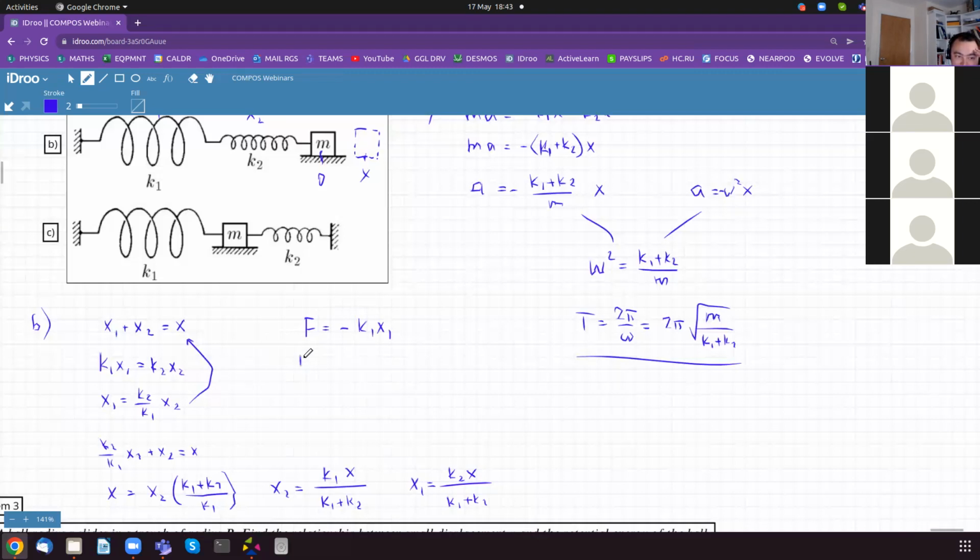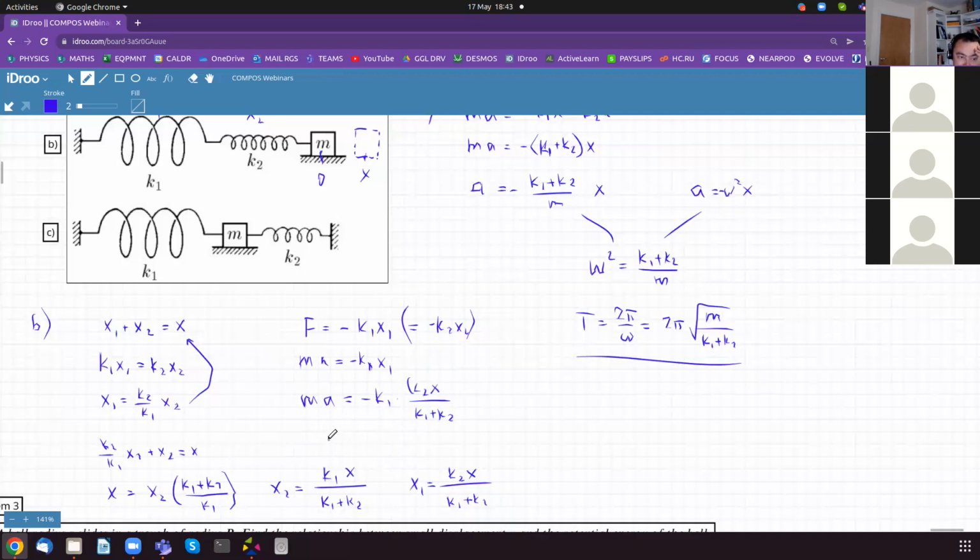So mass acceleration is equal to minus K1 x1. You might as well just say it's equal to minus K2 x2. And here, so minus K1 x1, we put in x1 from here. So mass acceleration is equal to minus K1 multiplied by K2 x divided by K1 plus K2.